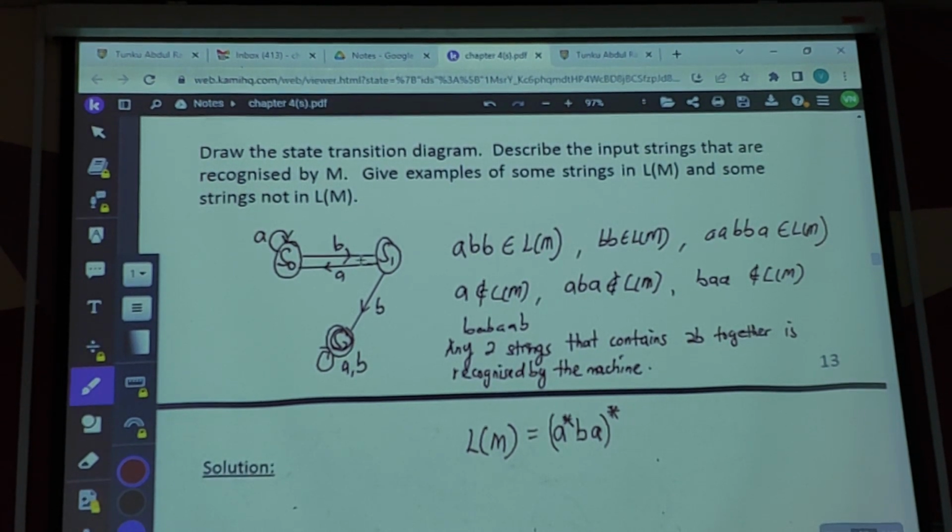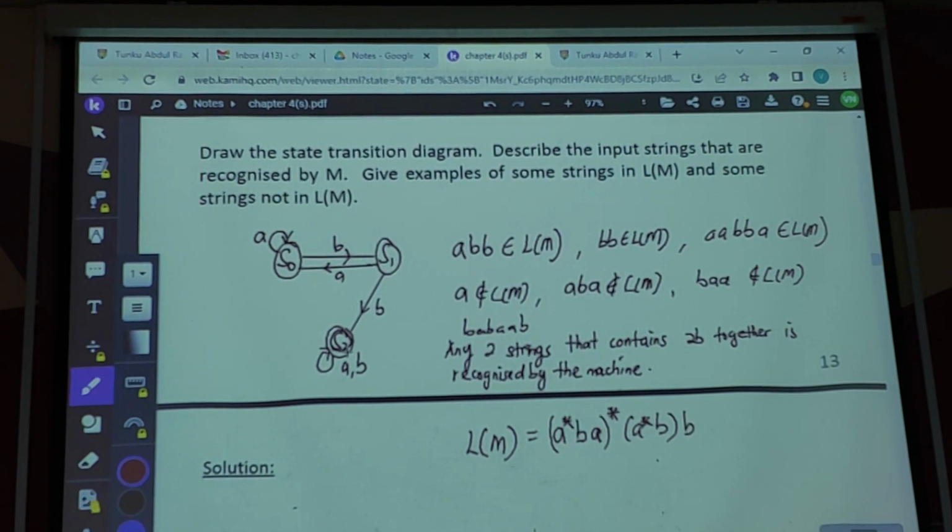Loop the whole thing. And then if at S1 I don't go back, meaning that from the start I can have A asterisk B come to S1 without going back to A again, so I will have A asterisk B. At S1 I go to B here and I reach S2.